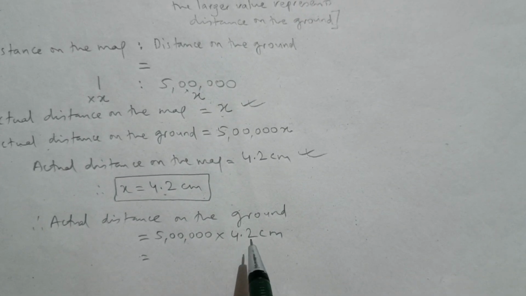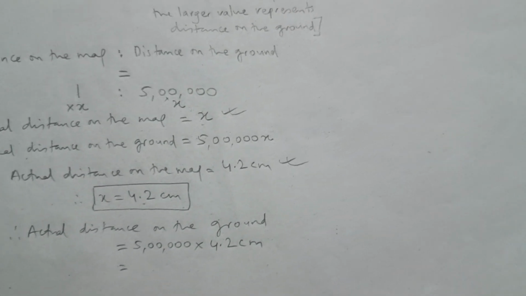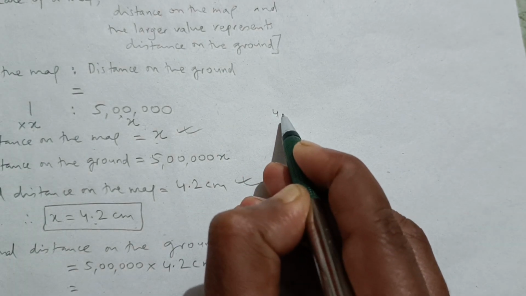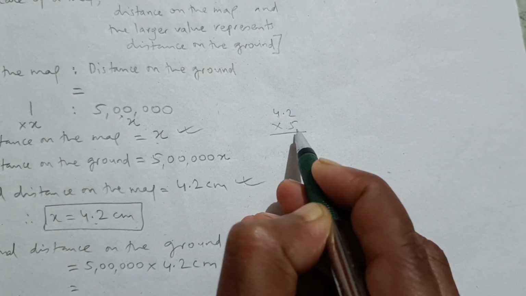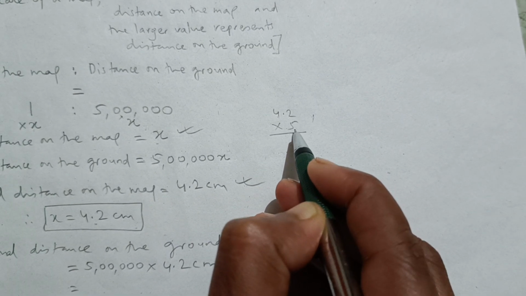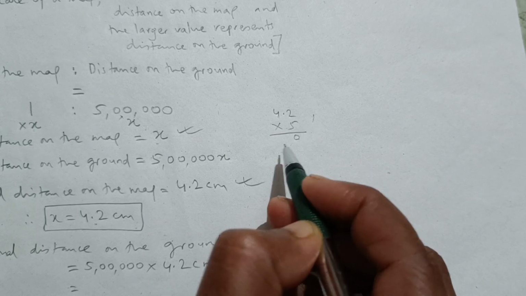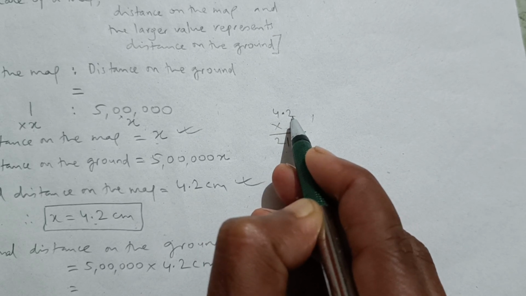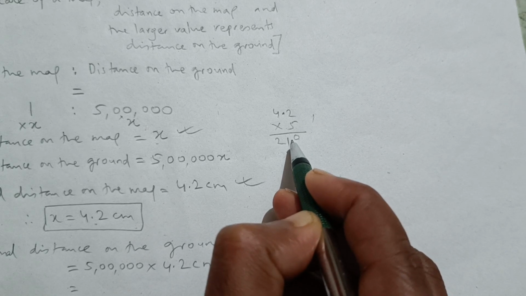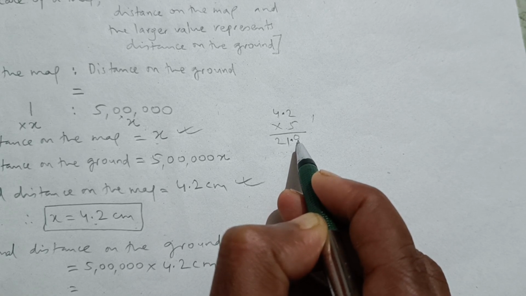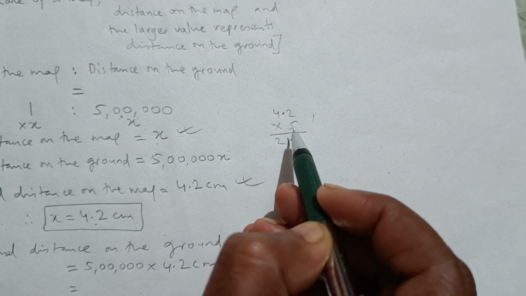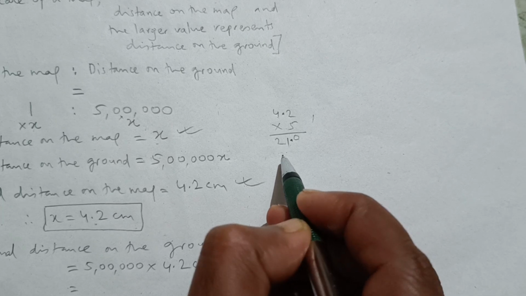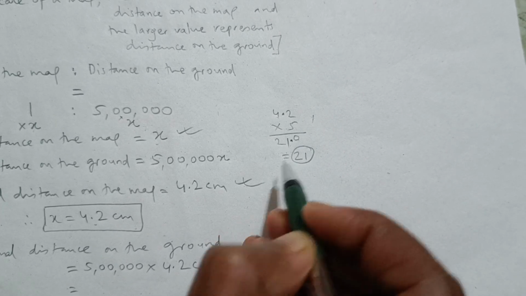First let us do 4.2 multiplied by 5. 5 into 2 is 10, carry forward 1. 5 into 4 is 20, 20 plus 1 is 21. Now after the decimal there is 1 digit, so in our answer also there should be 1 digit after the decimal. So 4.2 into 5 is 21.0, or you can say 21.